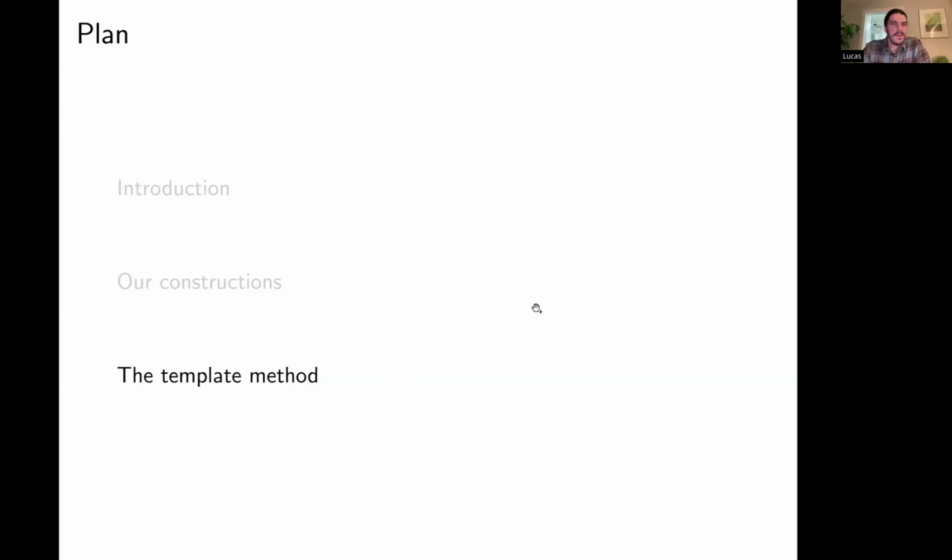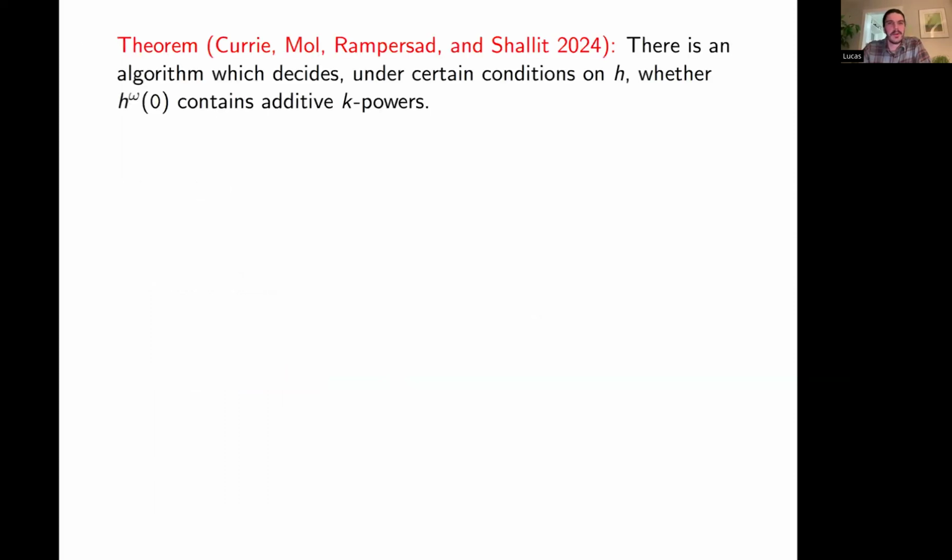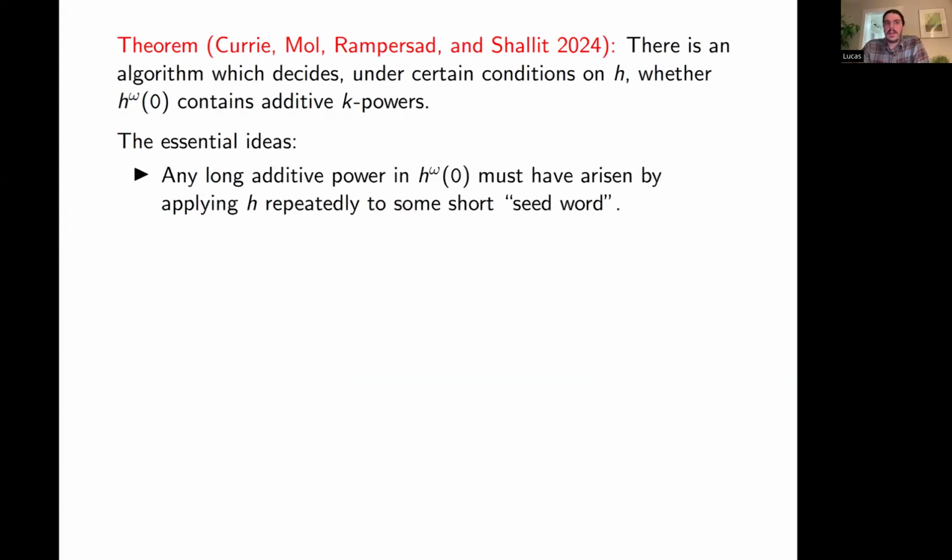Anyways, so the template method. The result is that there's an algorithm which decides, under certain conditions on H, whether the fixed point of H contains additive K powers, right? The essential idea is that any long additive power in the fixed point must have arisen by applying H repeatedly to some short seed word.